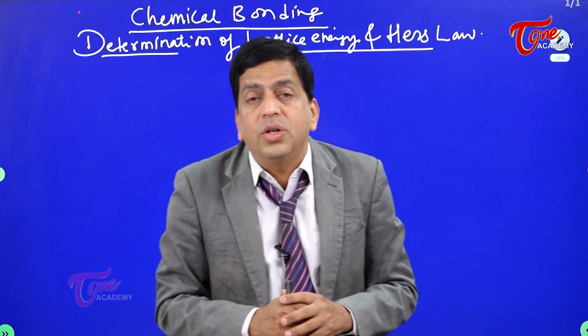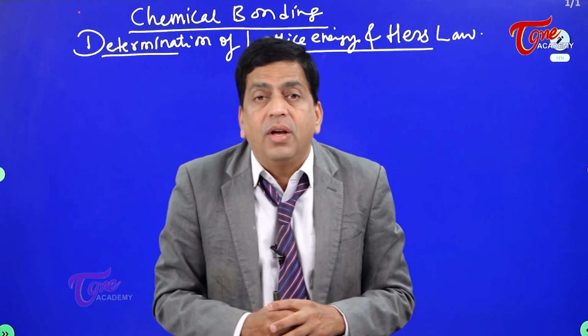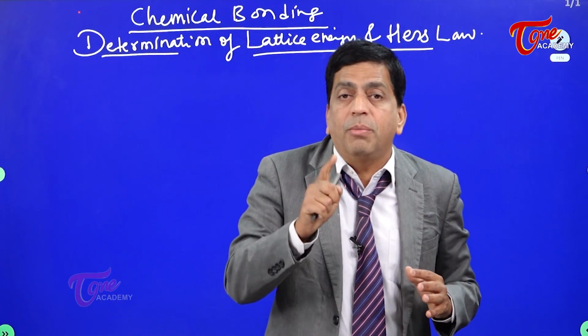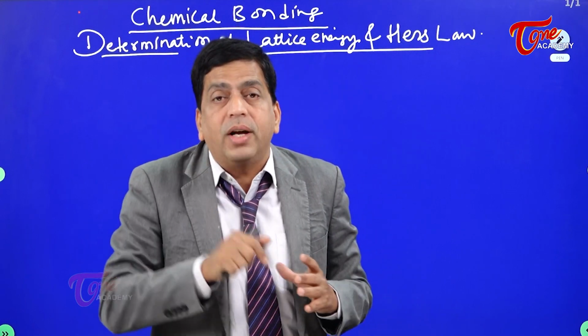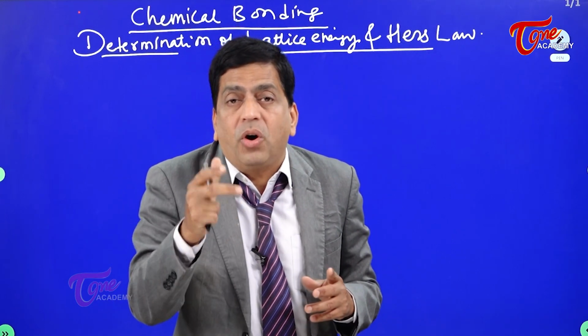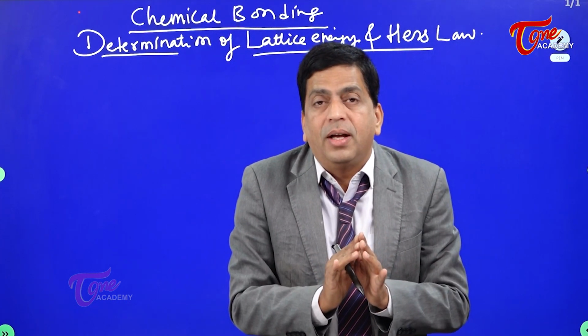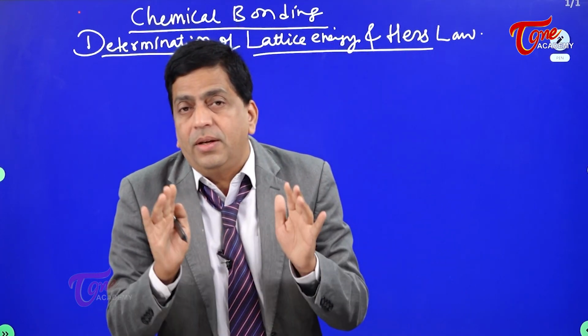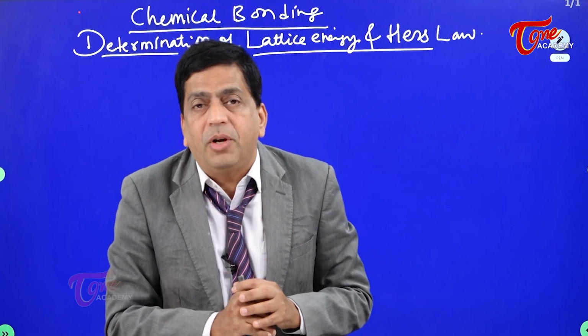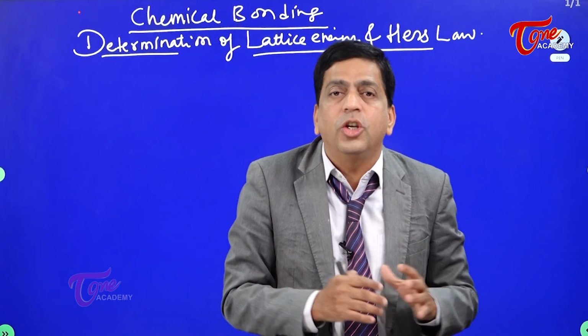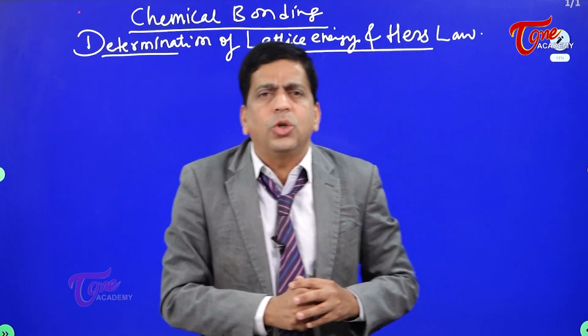A face-centered point will contribute only half. A corner point will contribute 1/8. A body-centered point will contribute as a whole. And remember that the edge-centered point will be contributing 1/4 only to the unit cell.